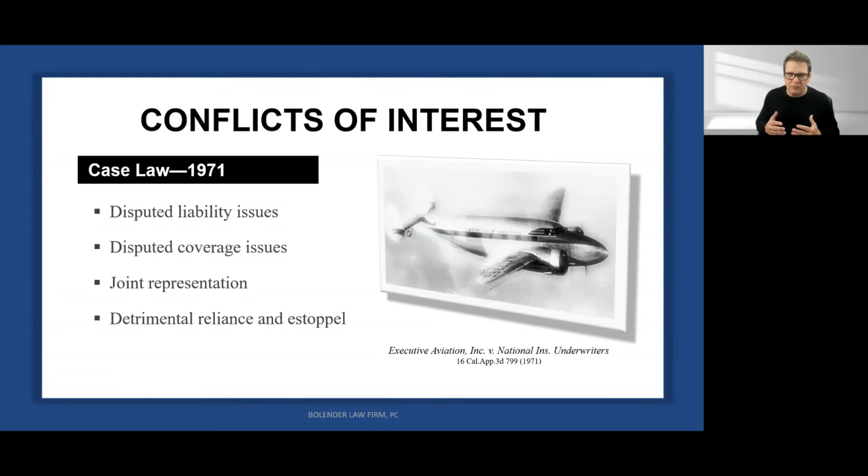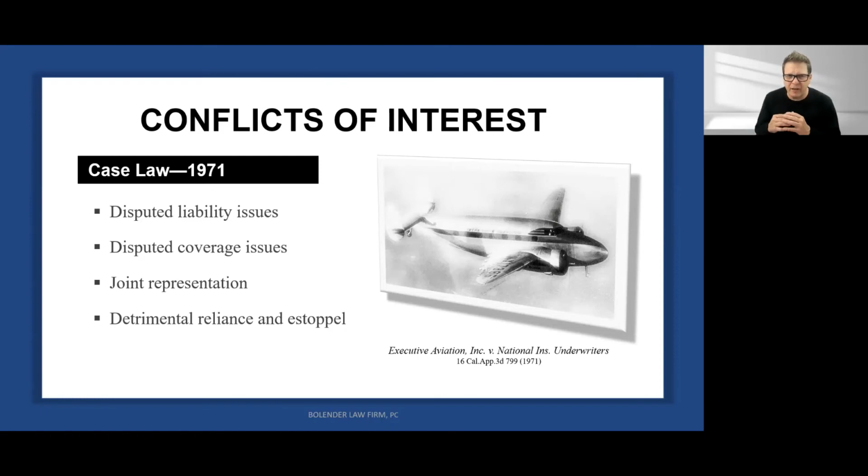Ultimately, this all came to the attention of the Court of Appeal, and the court expressed concern about the risk to a policyholder of joint representation, especially where there is no evidence that the policyholder was made aware of the implications early on of joint representation.